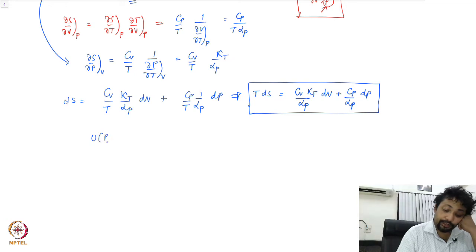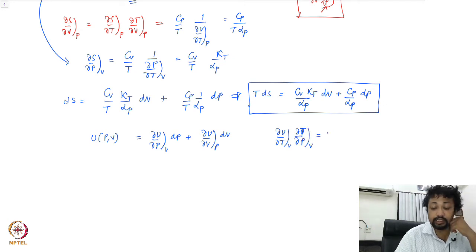U as a function of p and v, one can still do the exercise. Here I have del u del p volume constant dp plus del u del v pressure constant dv, and here I want to use again del u del t volume constant, del t del p volume constant is del u del p volume constant.